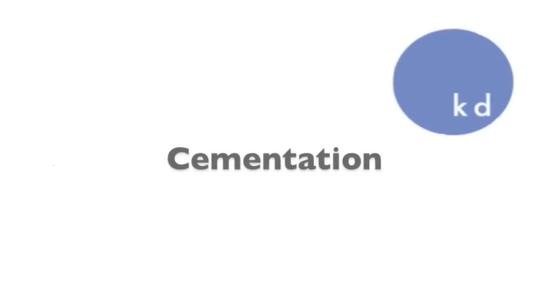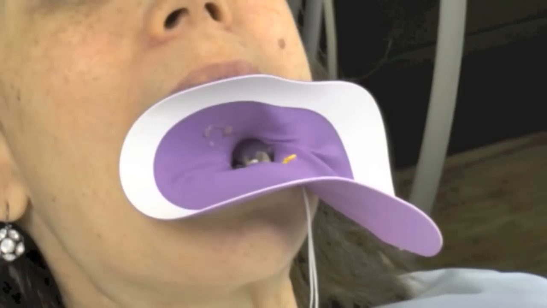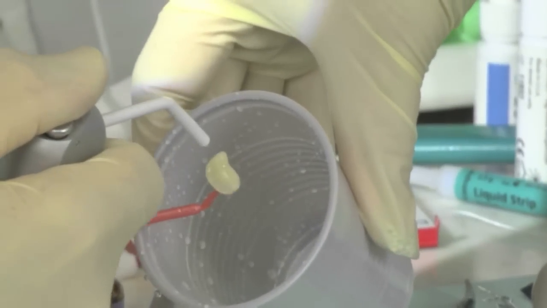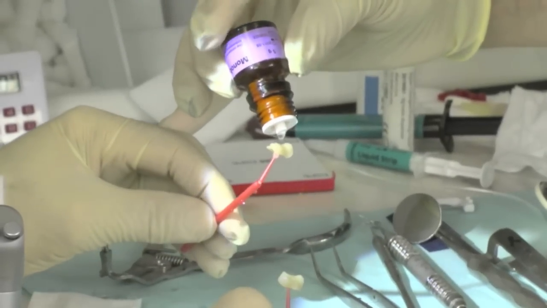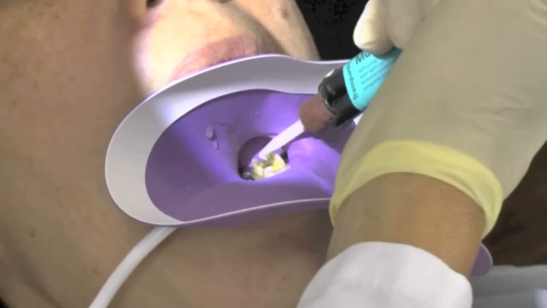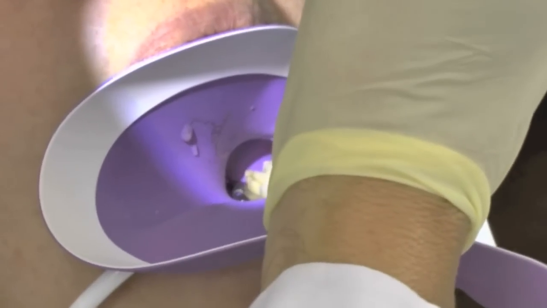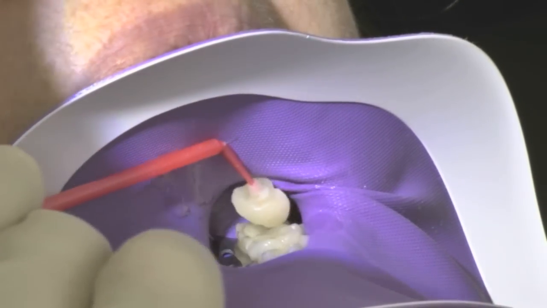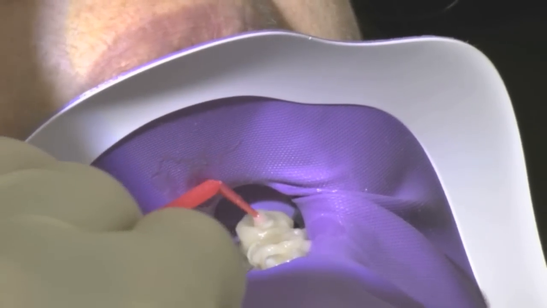For all ceramic restorations, I like to use Ivoclar's multi-link system under a rubber dam whenever possible. We etch the restoration and silinate it prior to adhesion. We like to place the adhesive directly onto the tooth, which makes the cementation process easy and consistent.